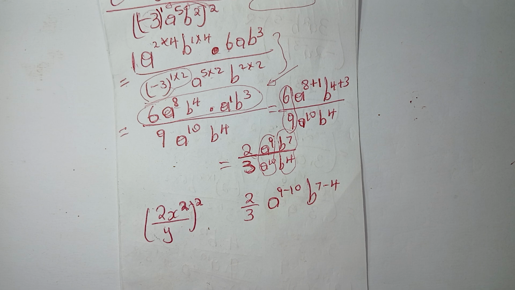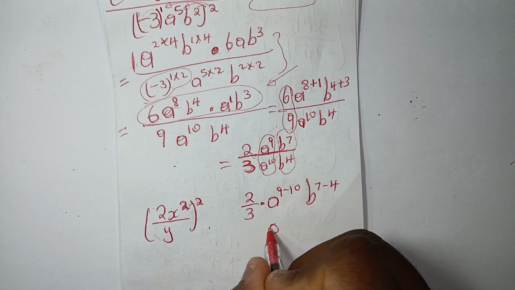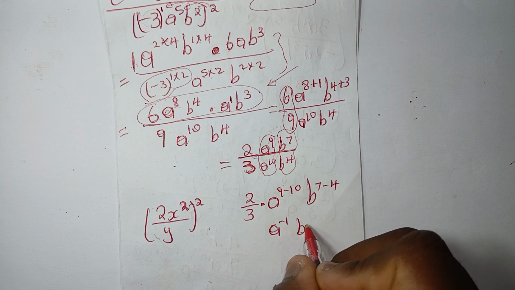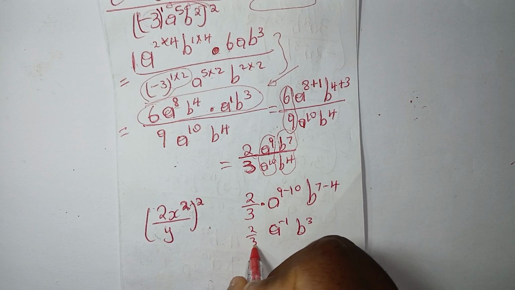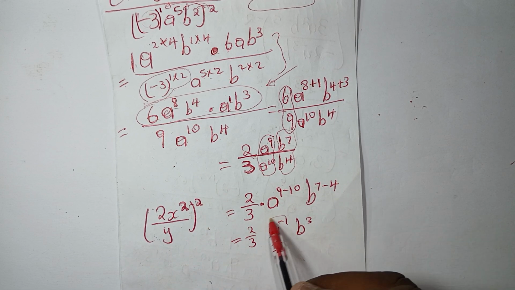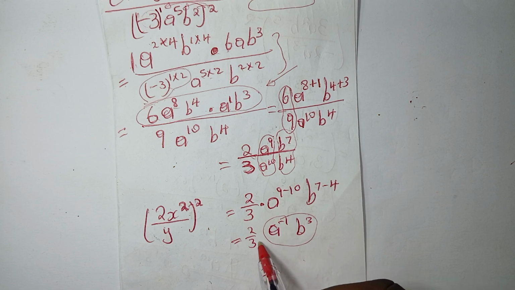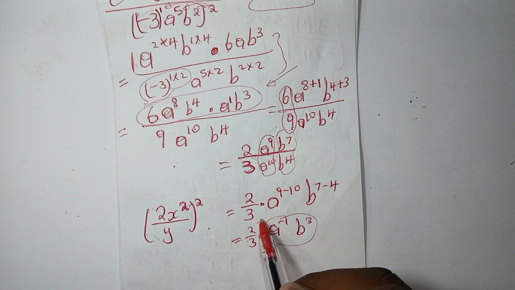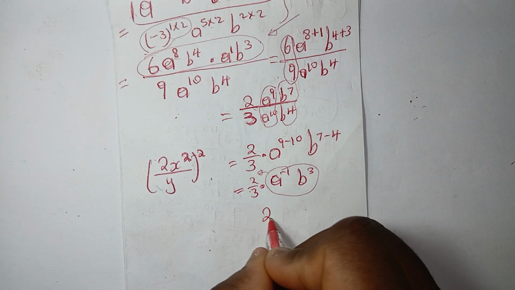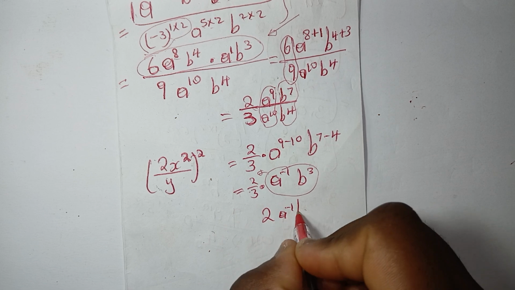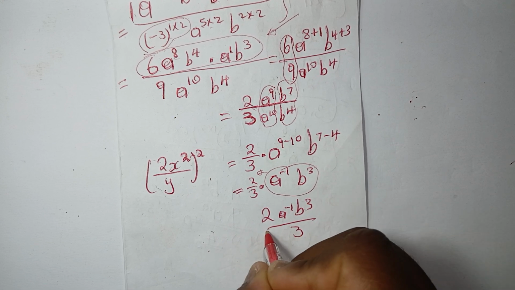Do you see? And this will give me a minus 1, b3 and 2 over 3. And anything which is not a fraction, when you multiply it to a fraction, it goes upwards. Meaning this is 2a minus 1 and b3 over 3.